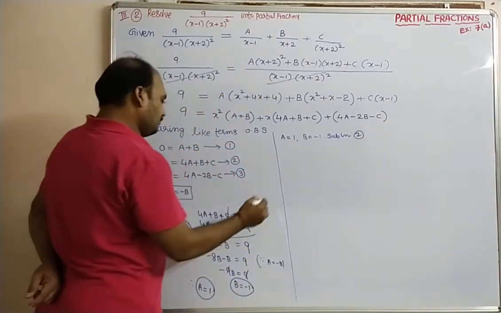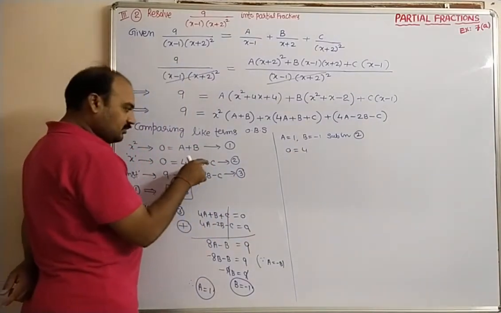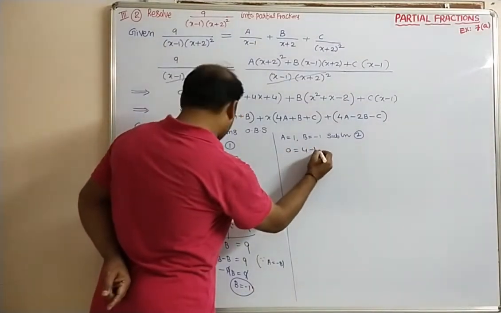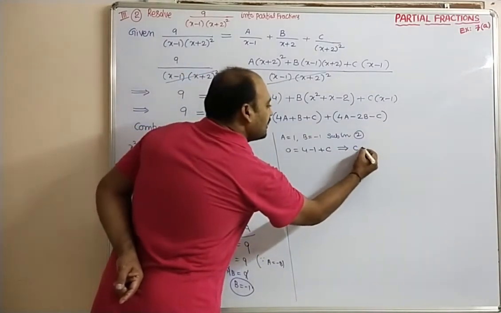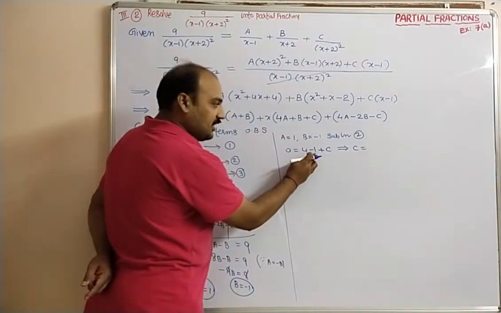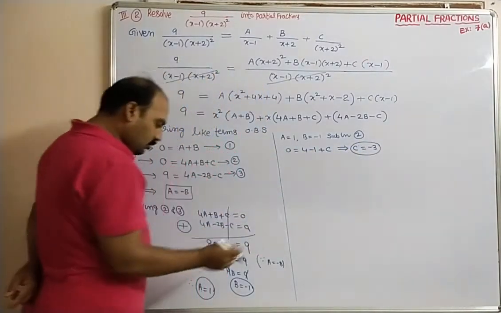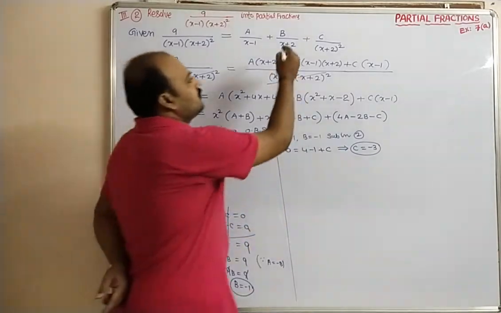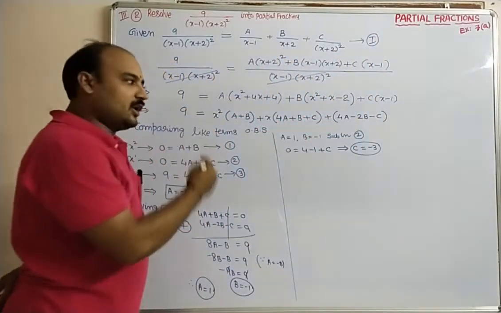We get 0 equal to 4 into a value 1, plus b value minus 1, plus c. That implies that c equal to 4 minus 1 is 3, taking this side, minus 3. So c value, a value, b value we got. After expressing in the partial fractions, we can take as 1.